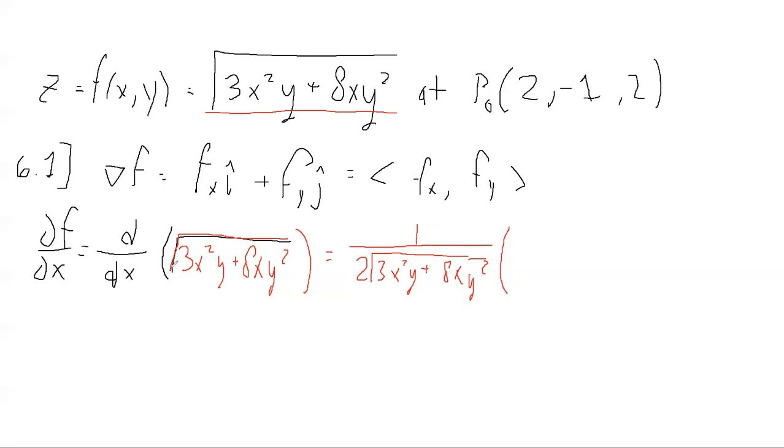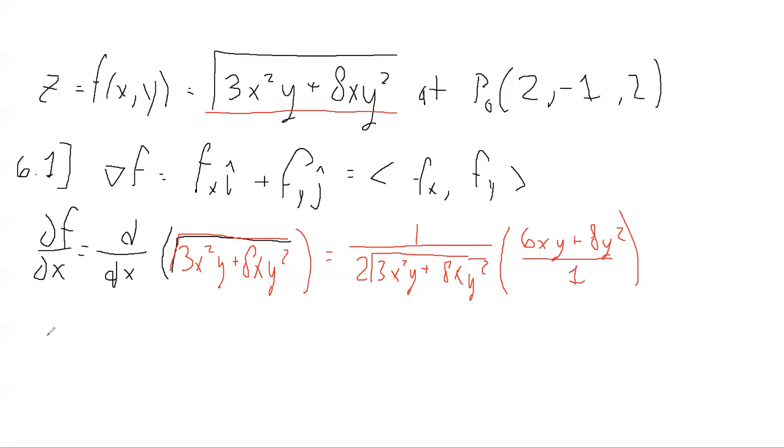We're taking it with respect to x, or d/dx. So right here we're going to have 6xy plus 8y squared. How did I get this? Because the derivative of 3x squared y is 6xy, plus 8, and the derivative of x is just 1, so 8y squared. So that's what you get for the first part.